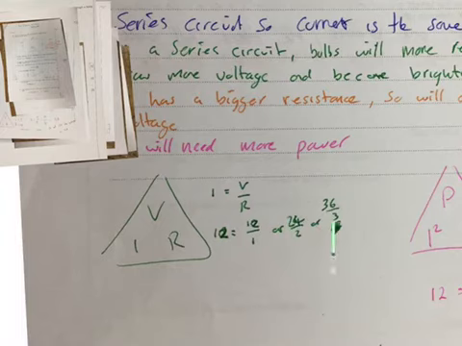Or I can say 3 goes into 36 12 times. You see, it's always going to equal 12. But as the voltage increases, so does the resistance. As the voltage increases here, so does the resistance. So my point is, as the resistance gets bigger, it's going to draw more power. And I'm going to prove that to you here.